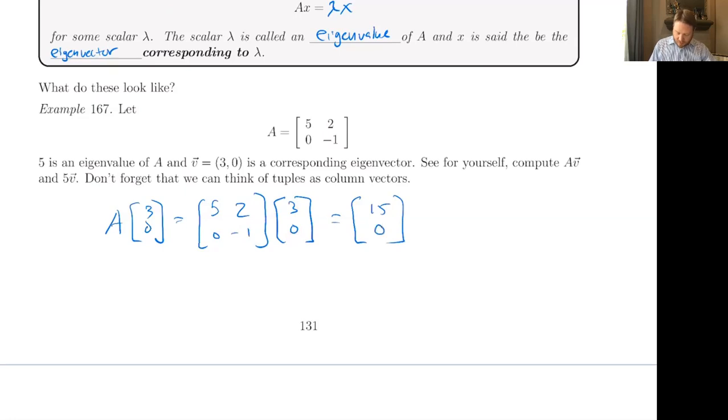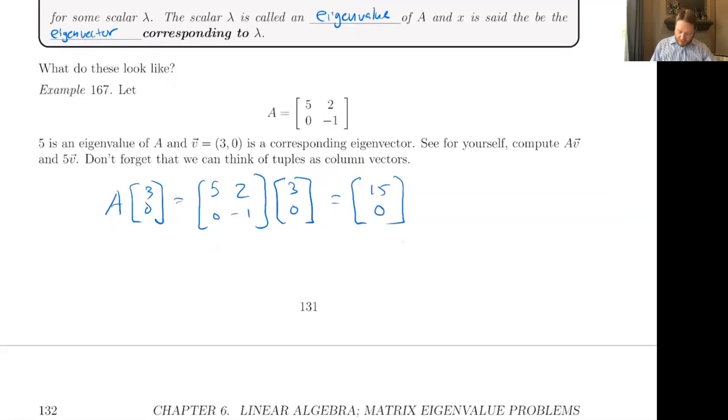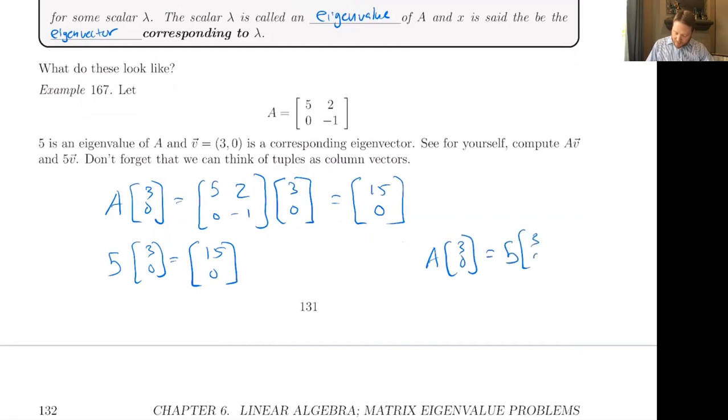That's an easy one. I get 0. So there's A times 3, 0. Now let's compute 5 times 3, 0. That's just 15, 0. And as you can see, A times 3, 0 is equal to 5 times 3, 0. So multiplying the vector by a matrix gives us the exact same thing as multiplying the vector by a scalar.